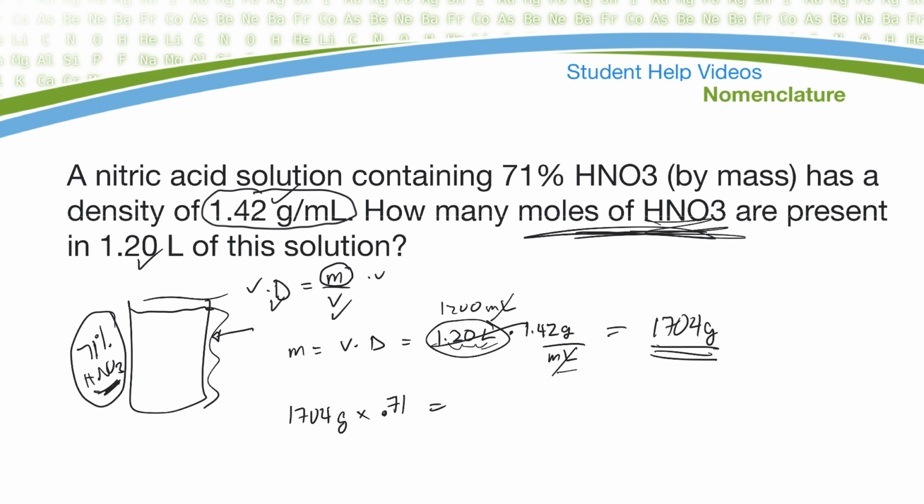So if I multiply that, that'll tell me how much in that container is nitric acid. So 1209.84. So that's how many grams of nitric acid I have.